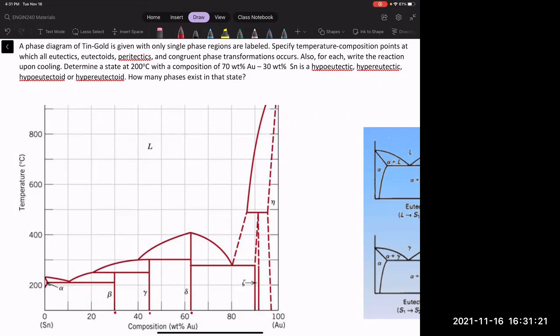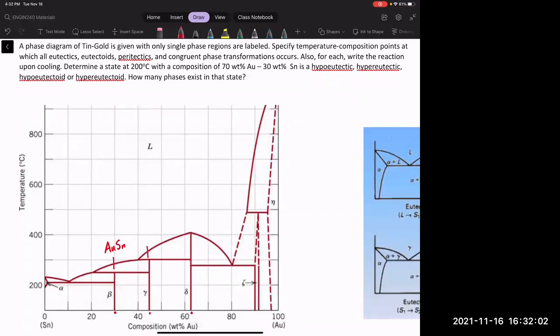For example, the first one here is one mole of gold, Au, combined with one mole of tin. And the second one has more of the gold and less of the tin.